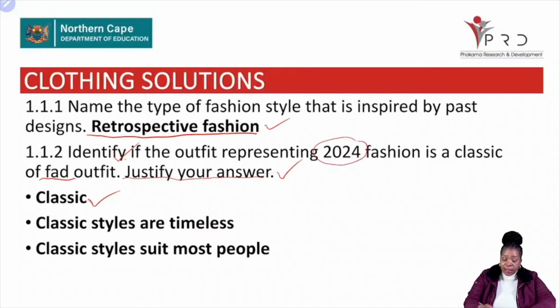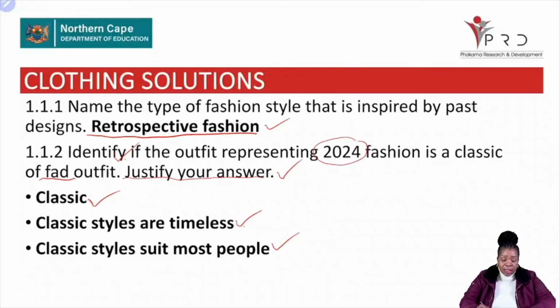So classic styles are timeless. It means they can remain in fashion for almost forever, right? And classic styles suit many people, right? So this is our justification part of the answer.